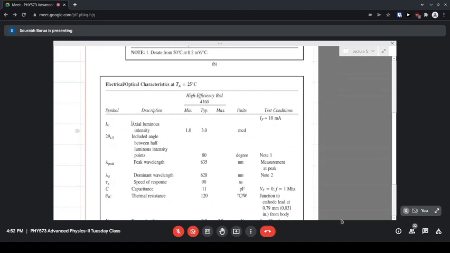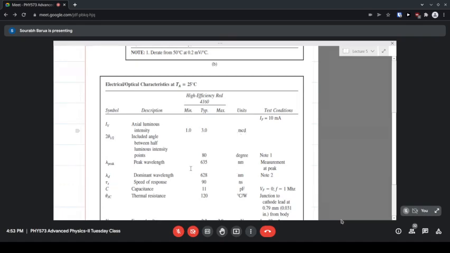It is the actual luminous intensity, meaning it is not in all directions, it is going in a particular direction, along the axis. The LEDs are designed so that they emit most of the light along the axis of the LED. That's why this is axial luminous intensity, and it comes to 3 millicandela.